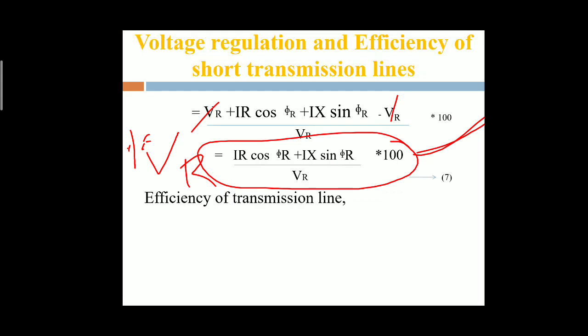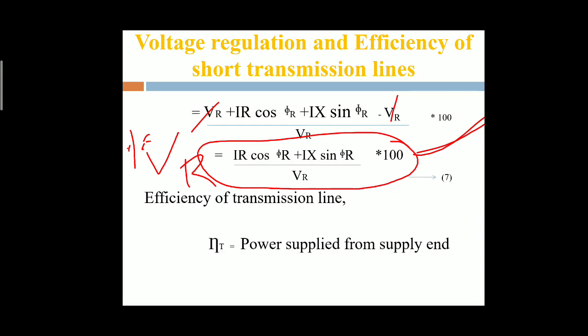Here IR is the resistive drop, the amount of drop due to the resistance. IX is the drop due to the presence of the inductive reactance, and VR is the receiving end voltage. That all will be calculated by using this formula.